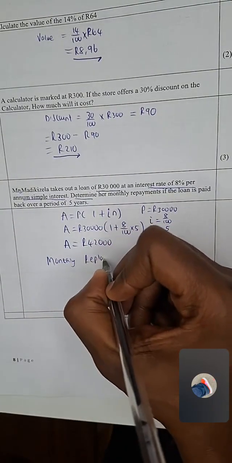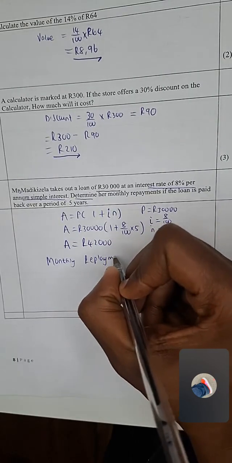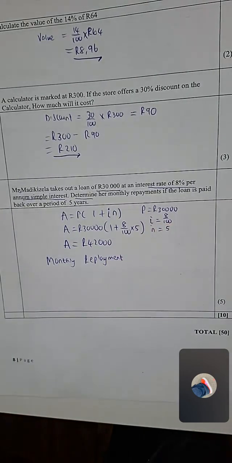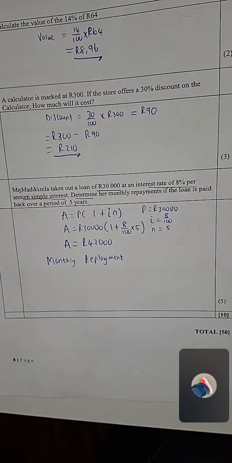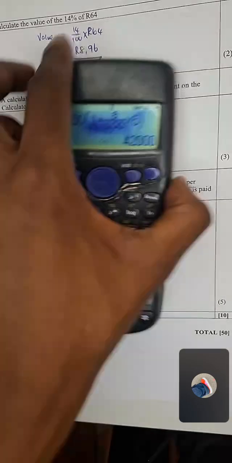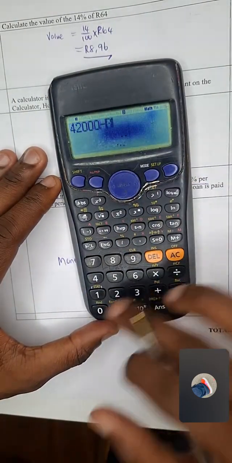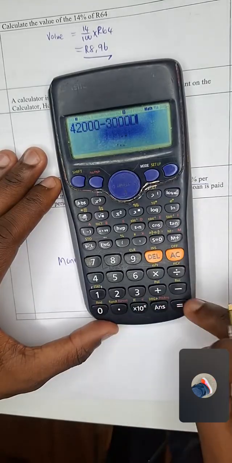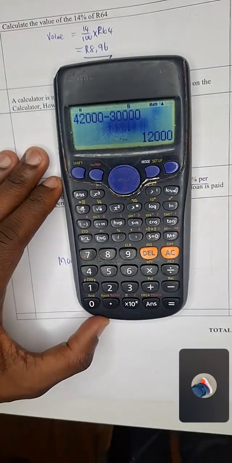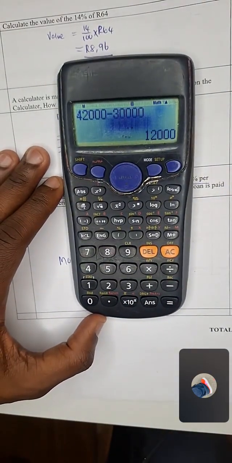If we say 42,000 minus 30,000, you get 12,000.